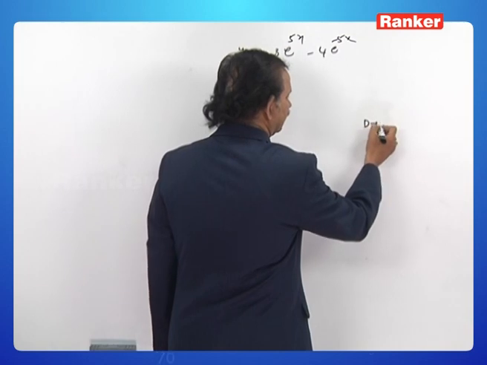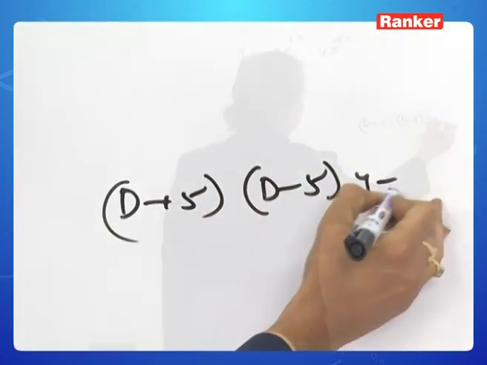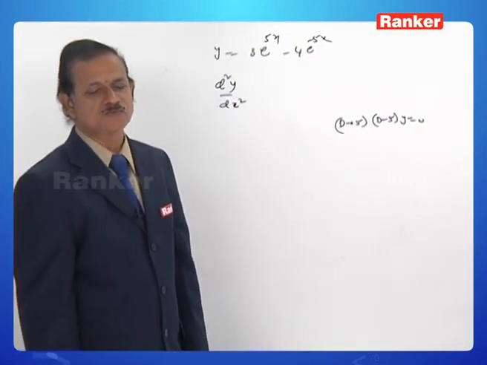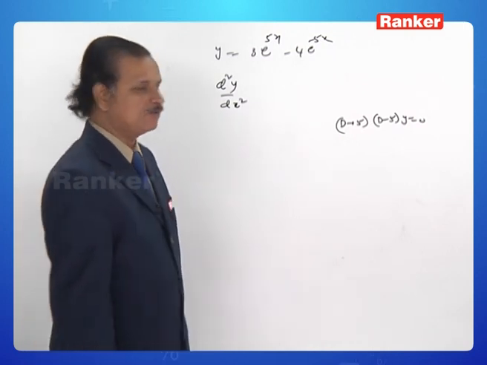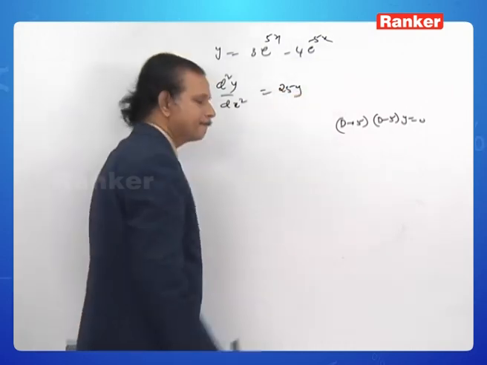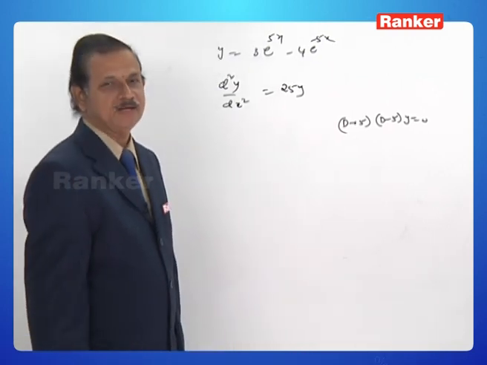What is (d plus 5) into (d minus 5)? d square minus 25. That is d square y by dx square minus 25y is equal to 0. Hence d square y by dx square is 25y.